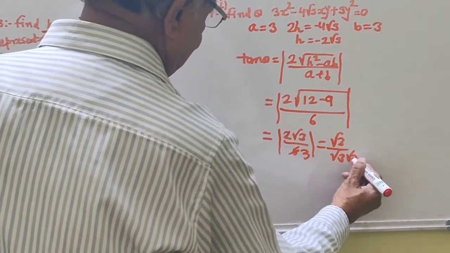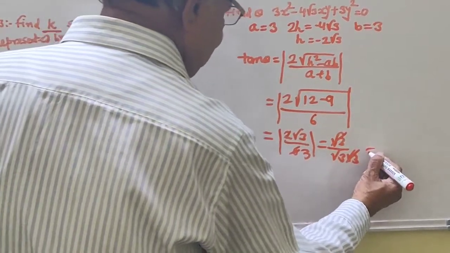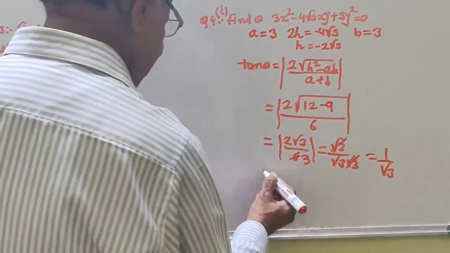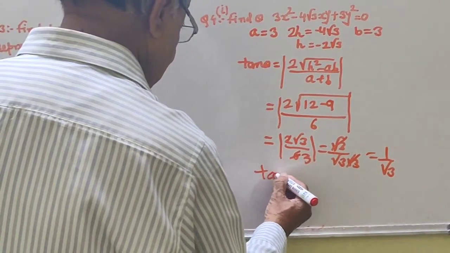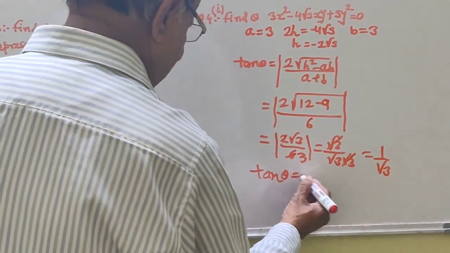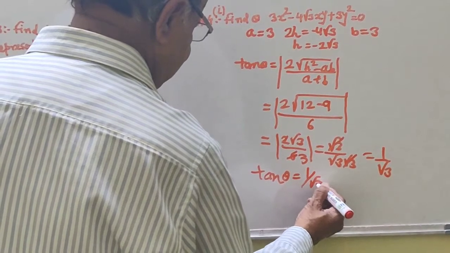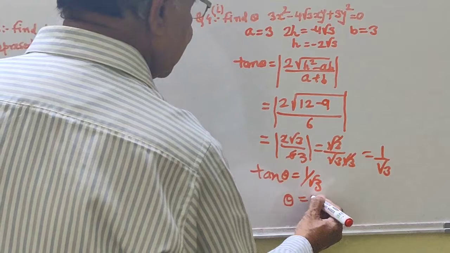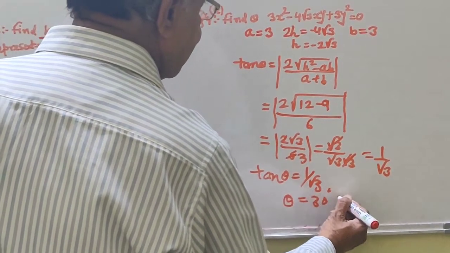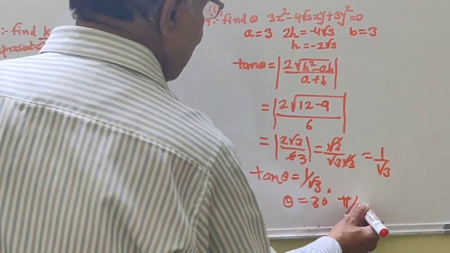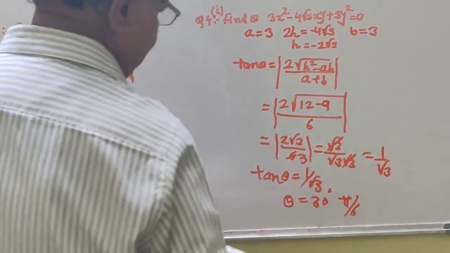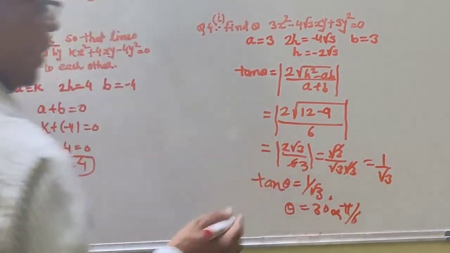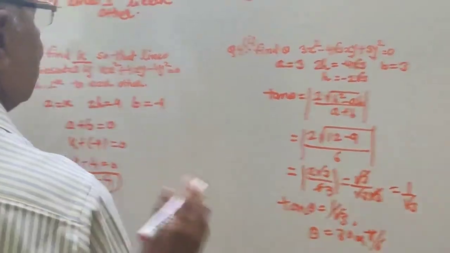You already know. Then what will come here? 1 by root 3. Then tan theta is equal to 1 upon root 3. And when tan theta is 1 upon root 3, theta is equal to 30 degree. Okay. You can write this also as pi by 6. Okay. These are the required answers. This one is an easy problem based on the formula only.